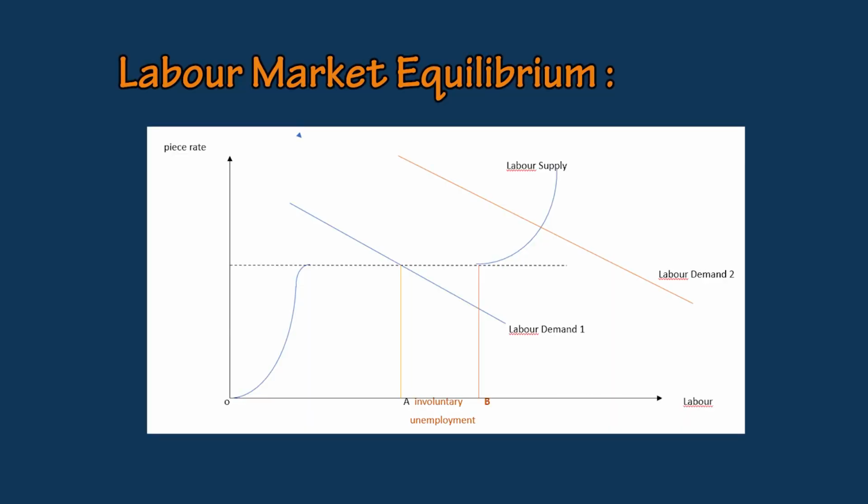But what if the labor demand curve is as low as labor demand 1? At this labor demand level, the total amount of labor willing to supply their labor is OB.